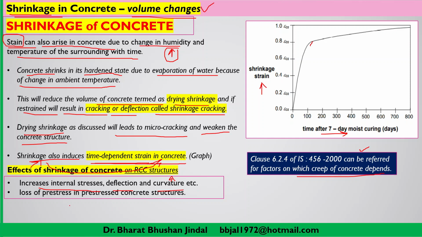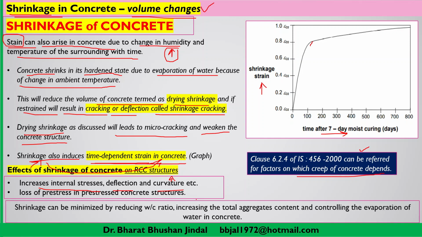So it will directly influence the geometry of the structural element. Again, loss of pre-stress in pre-stressed concrete structures will also be due to the shrinkage of the concrete. Now, another point which we have to keep in mind: shrinkage can be minimized by reducing the water cement ratio, by increasing the total aggregate content, and by controlling the evaporation of water in the concrete.